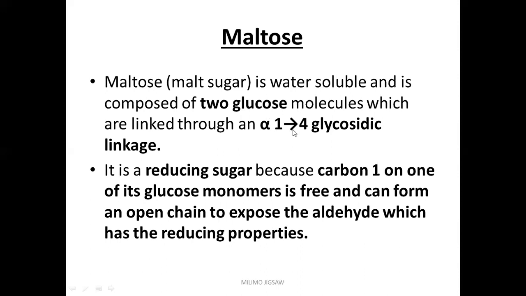So the glucose molecule whose position 4 participates in the glycosidic bond has a free carbon, so it can form an open chain to expose that aldehyde group, which has reducing properties. So maltose is a reducing sugar.